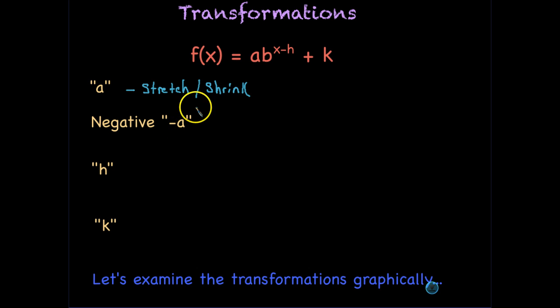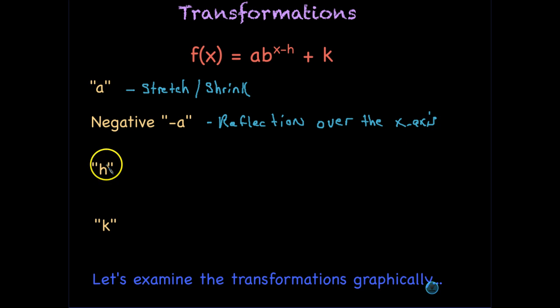If we have a negative in front of the A, or a negative A value, I should say, then you can think of that as a reflection. And that's always a reflection when you put a negative with the stretch or shrink. The key here is that it's going to reflect over the x-axis.